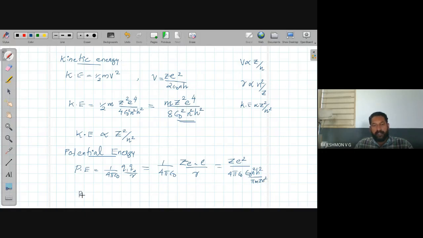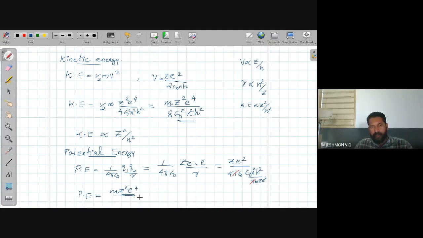So substitute that value of r, epsilon 0 n square h square divided by pi m Z e square. So potential energy is equal to, this pi will get cancelled with this pi. This m will go to the numerator. So you will get an m in the numerator. Z and this Z becomes Z square in the numerator. Here an e square and this e square becomes e raised to 4 in the numerator.